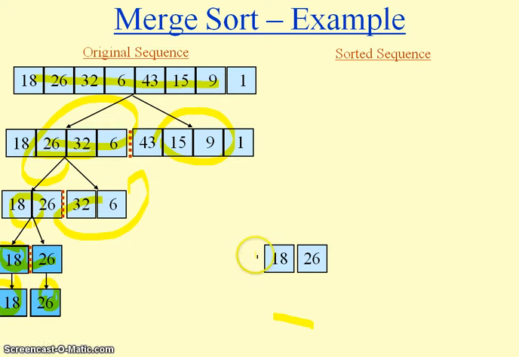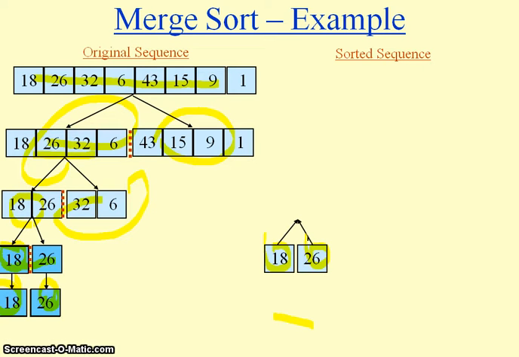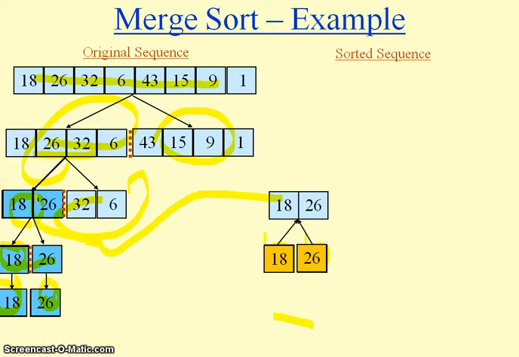Now these two solutions, 18 and 26, are combined to get the solution for the original problem. 18 is compared with 26. 18 and 26 is the solution for subproblem 1 of the problem with 4 elements.